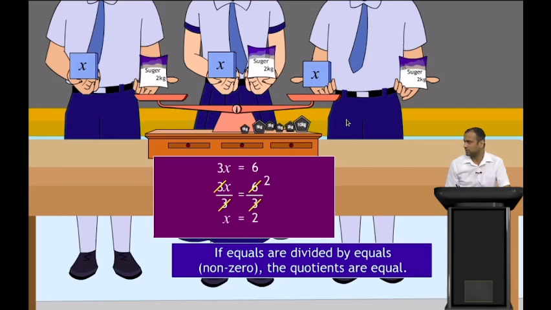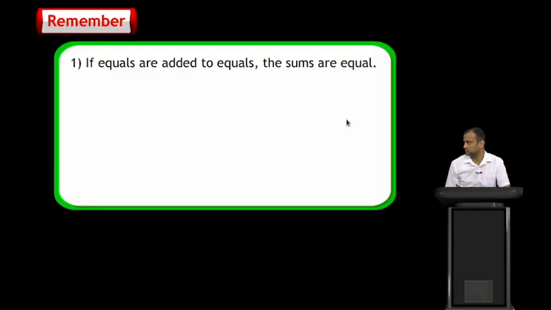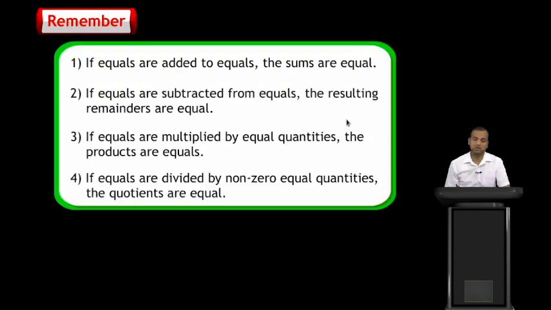If equals are divided by equals, the quotients are always equal. You have to remember this to solve equations: if equals are added, subtracted, multiplied or divided on both sides, we always get equals.